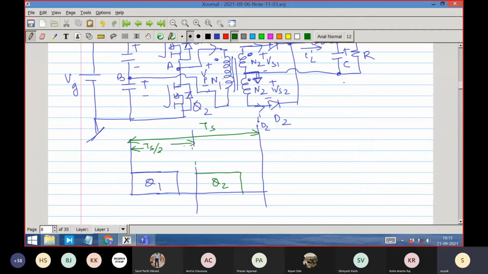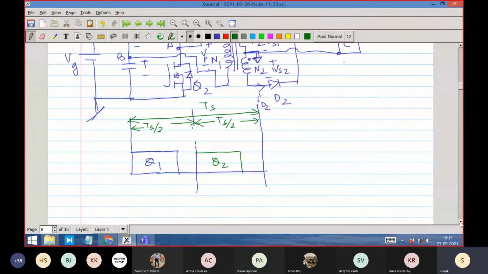Please allow me: the actual period from the buck converter point of view is this. The buck converter will see dTs by 2. That means the frequency on the secondary side is becoming double. You may not realize it at first, but you will.